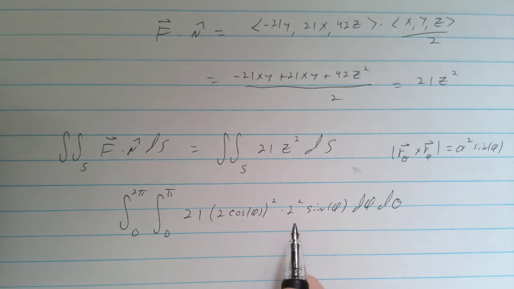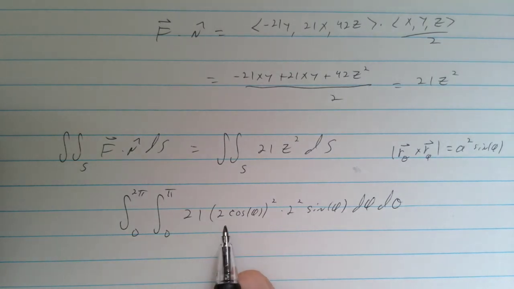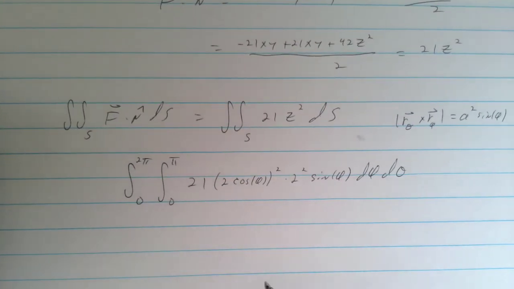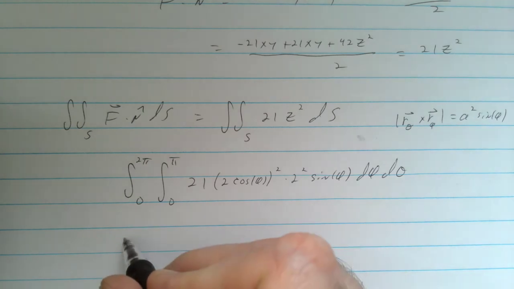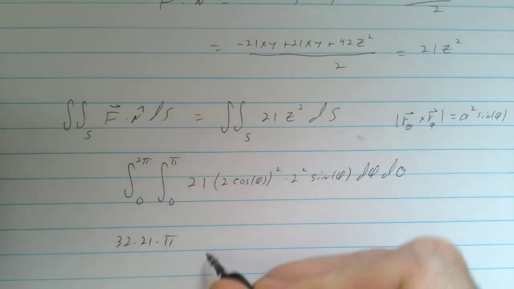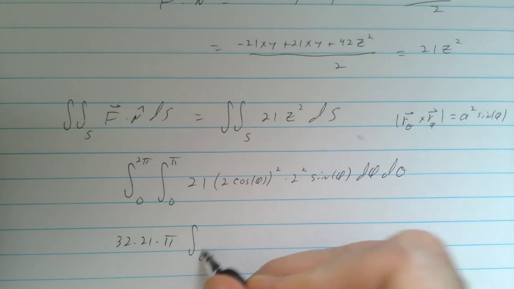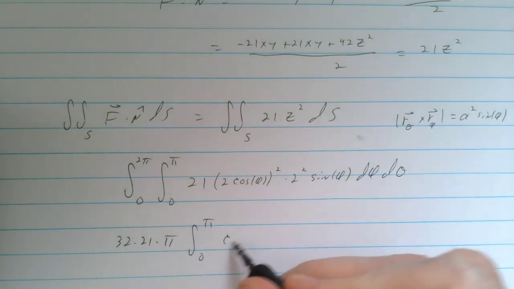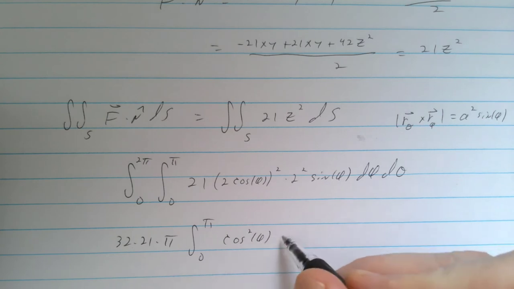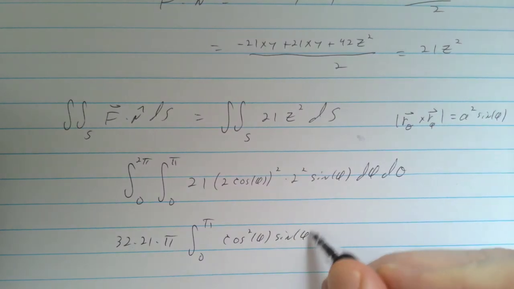So if I gather my constants, well, I got 4, 16 times 21 times 2 pi. So we'll say 32 times 21 times pi. I have to integrate 0 to pi of cosine squared sine phi d phi.